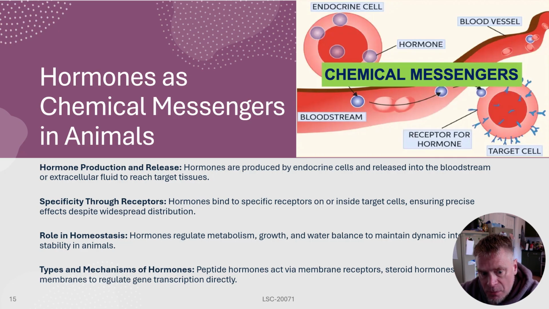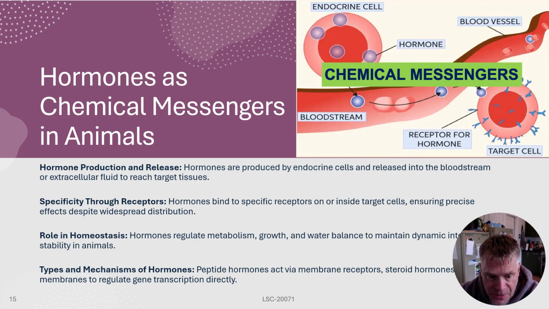Hormones have a role in homeostasis, so that's for maintaining stable conditions in the body. They regulate metabolism, growth, water balance, and they maintain the stability of the bodily conditions within the animals.